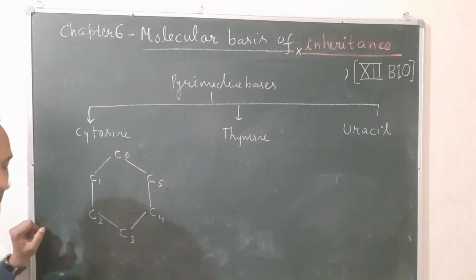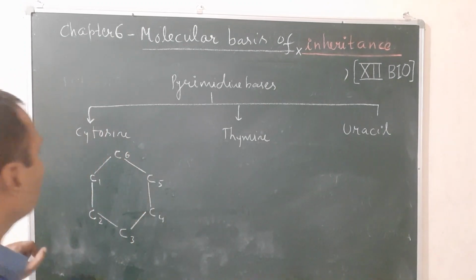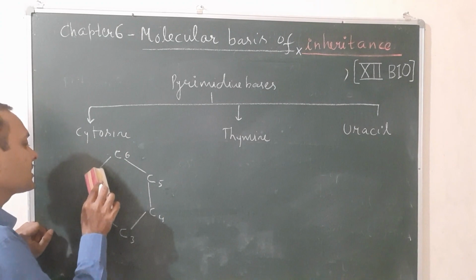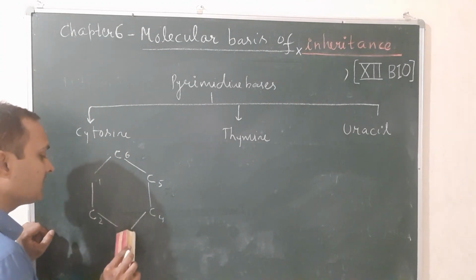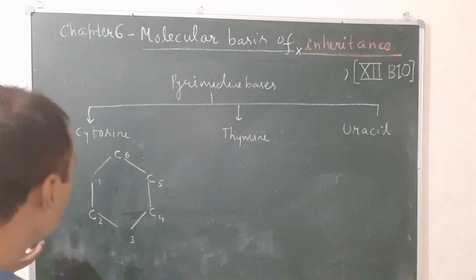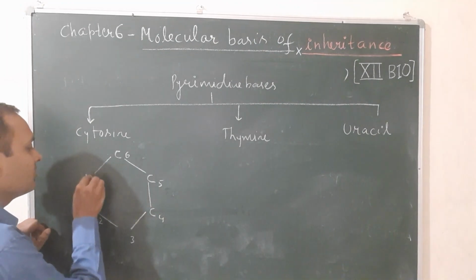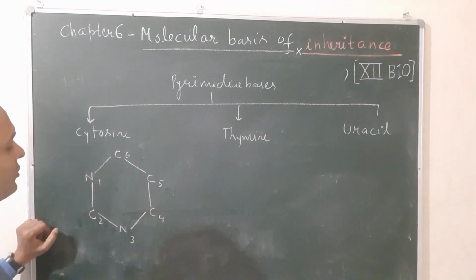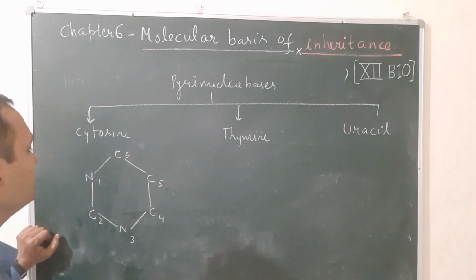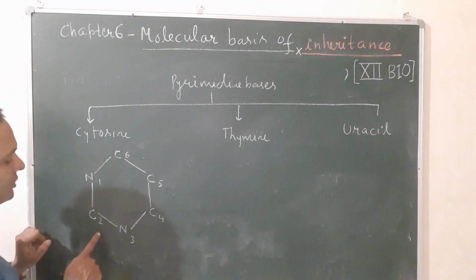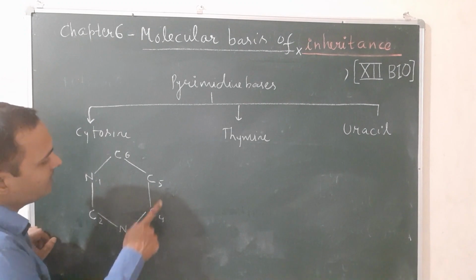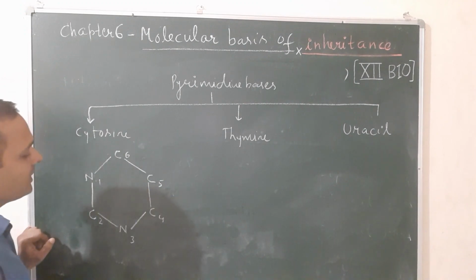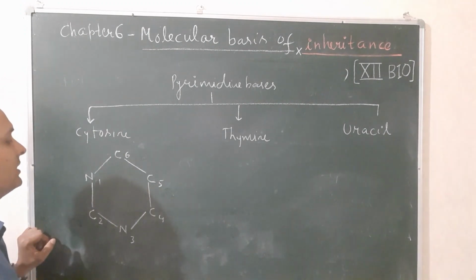But from the benzene ring, you will displace carbon number 1 and carbon number 3, and put nitrogen there to draw the structure of pyrimidine bases. So in the ring now, there are 4 carbons at positions 2, 4, 5 and 6, and 2 nitrogens at positions 1 and 3.